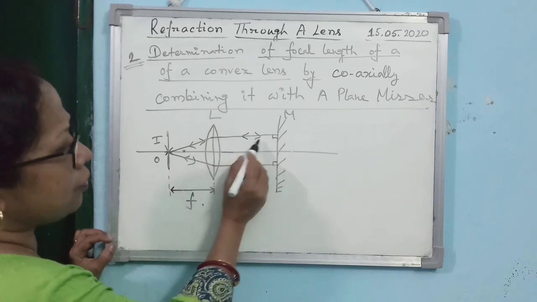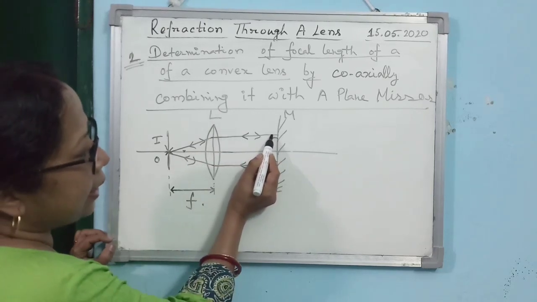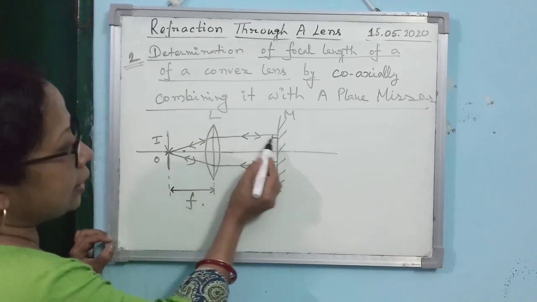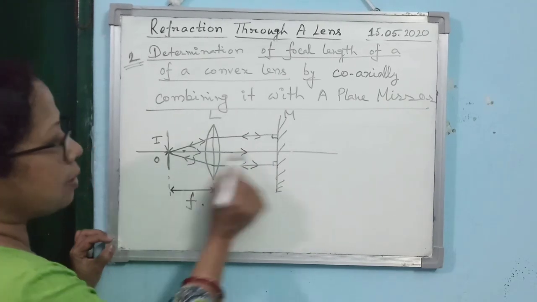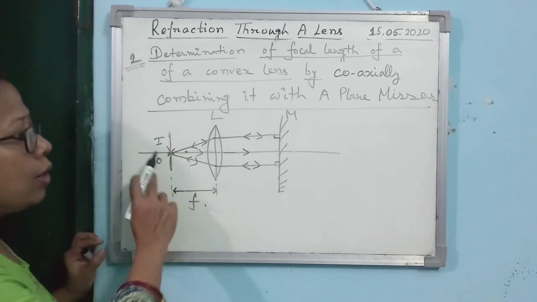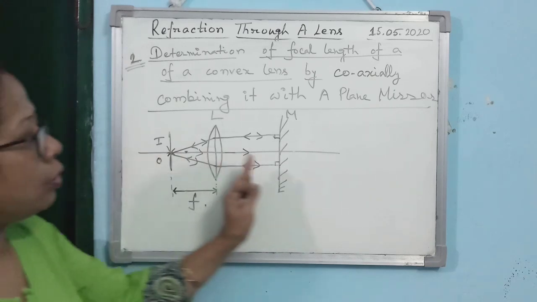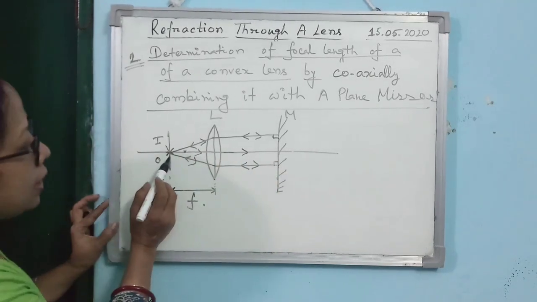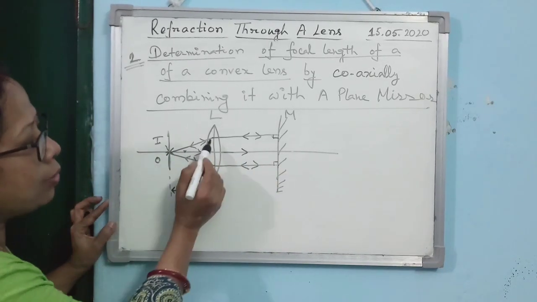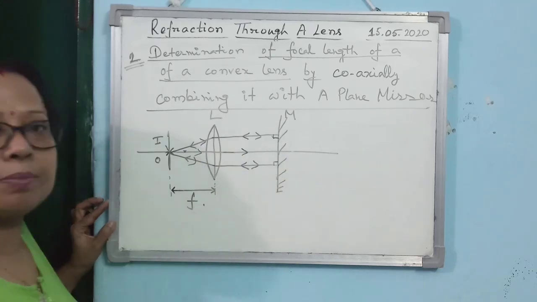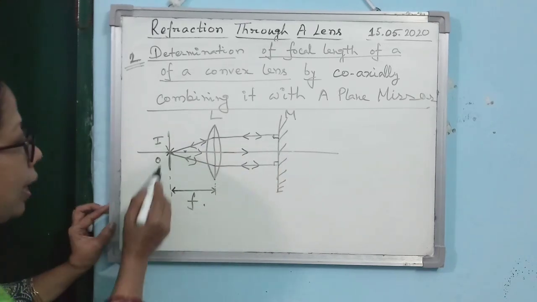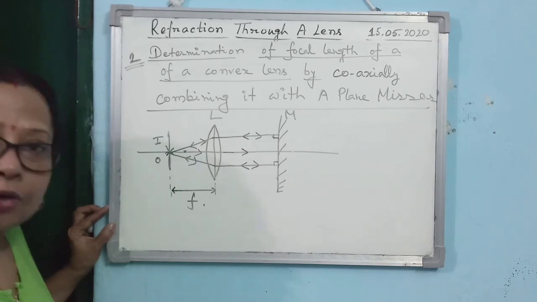Everybody should learn this diagram, and this diagram is very simple to draw. Just take care, this should be 90 degree and this should be parallel to the principal axis. Now if you look at the diagram, from the object the rays are coming out and then becoming parallel to the principal axis. What is the meaning? Where is the object placed? At the focus.